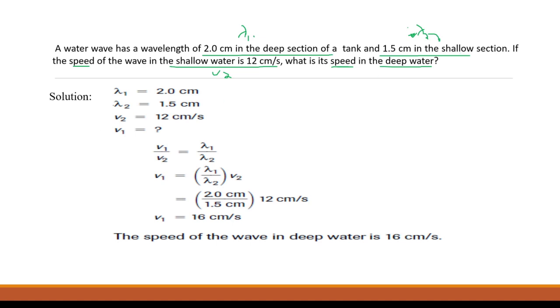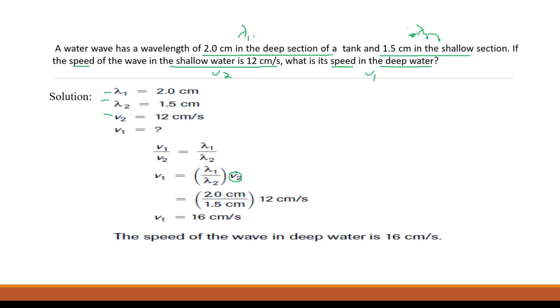Okay, so now our values: lambda 1, lambda 2, V2, and we want to know the speed in the deep water, which is V1. So we take this ratio because in this tank, we know that this ratio holds true because the frequencies are the same. And so we can solve for V1, bring V2 to this side, and then we substitute our values.